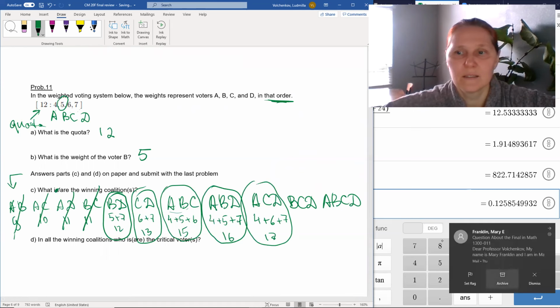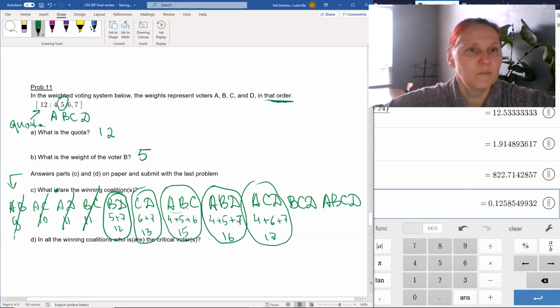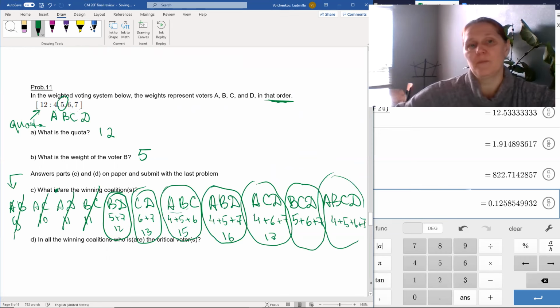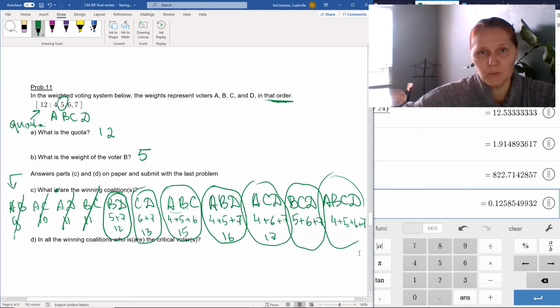B, C, D, 5 plus 6 plus 7, also a winning one. And A, B, C, D, 4 plus 5 plus 6 plus 7 is also a winning coalition. Okay, we have 7 winning coalitions.